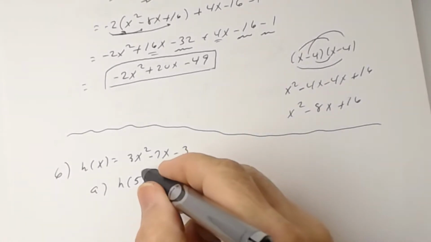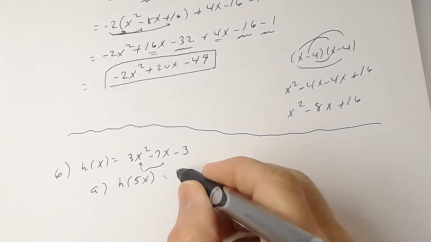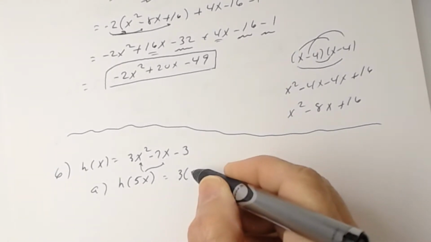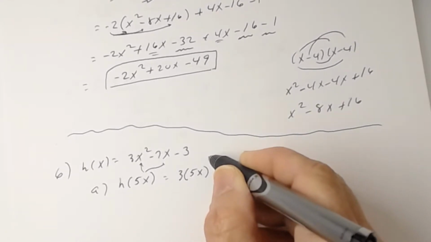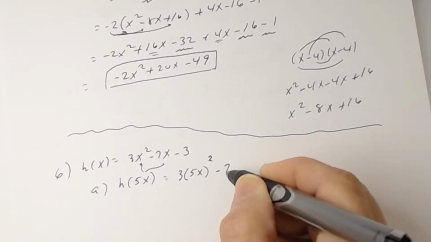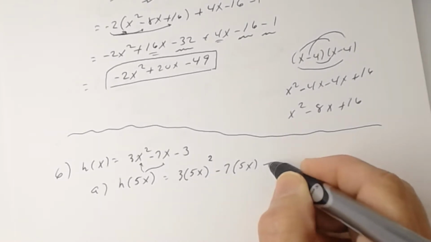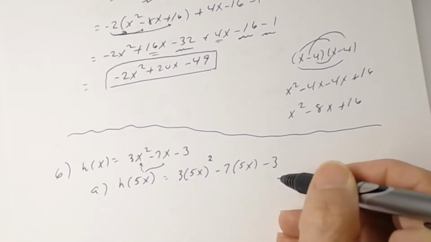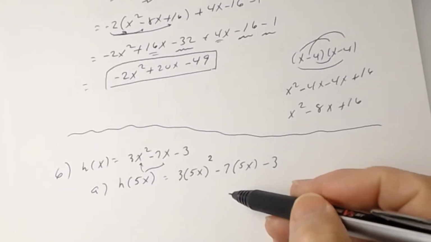Where we see the variable x, what do you substitute? 5x. So I get 3 times, in parentheses, 5x, but what am I doing to this 5x? Squaring it. Minus 7 times, in parentheses, 5x, and then minus 3. Now you've got to simplify this. According to your order of operations, what will I do first?